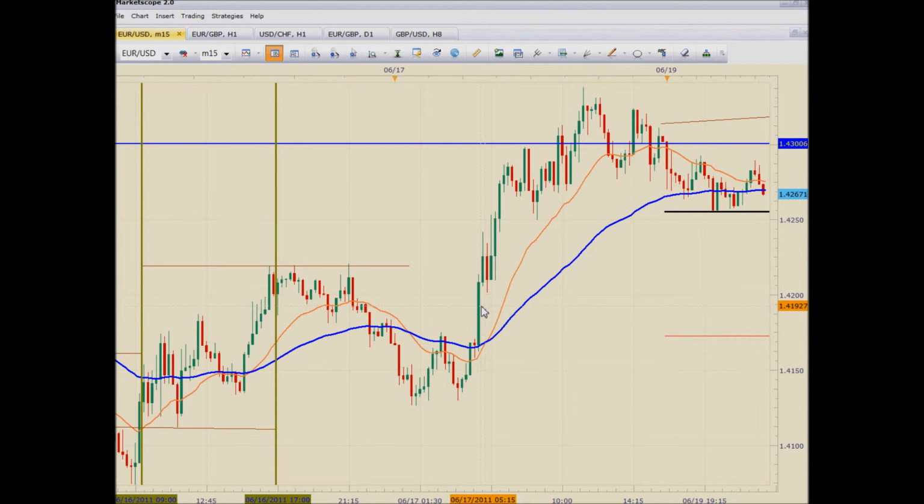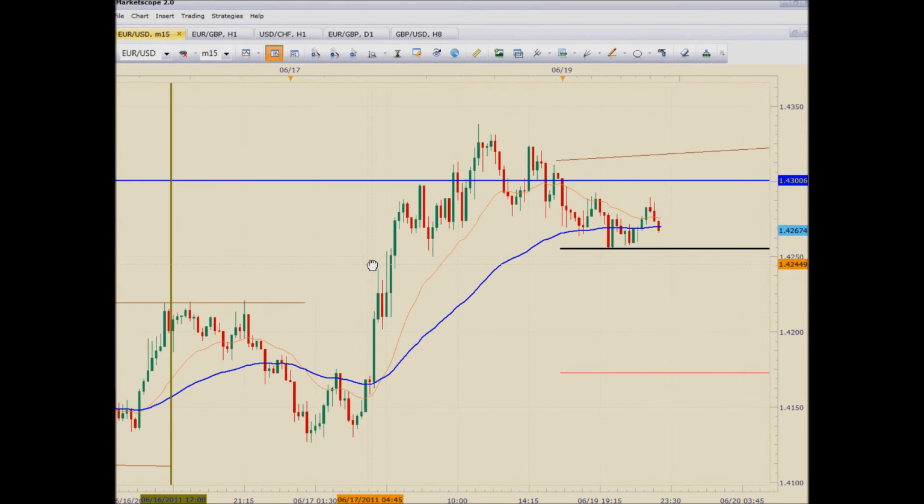And I got filled. I got a nice move to the upside, and then I had my crossover on the 20 60, which gave me more confidence to stay in the trade to the upside for a while, because once you got it flipped back over, you got a pattern, and then it flipped back over to the upside, that's most likely a strong move to the upside.